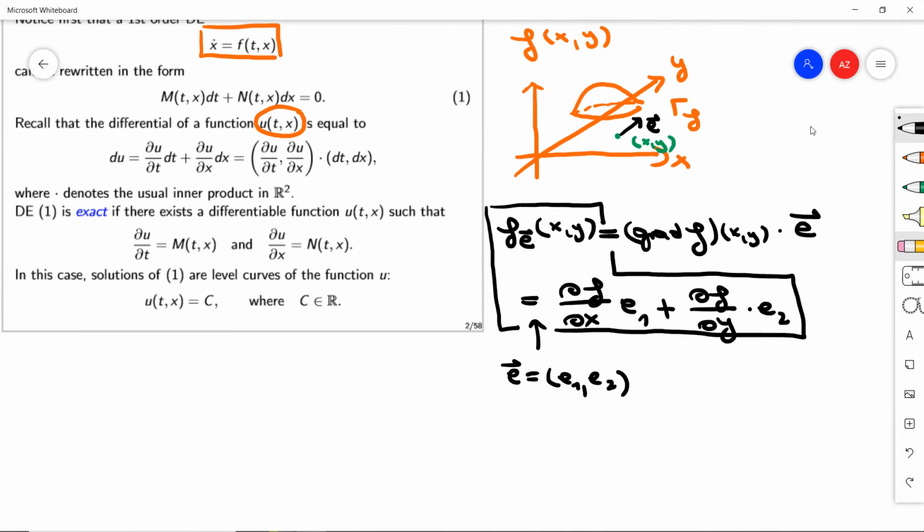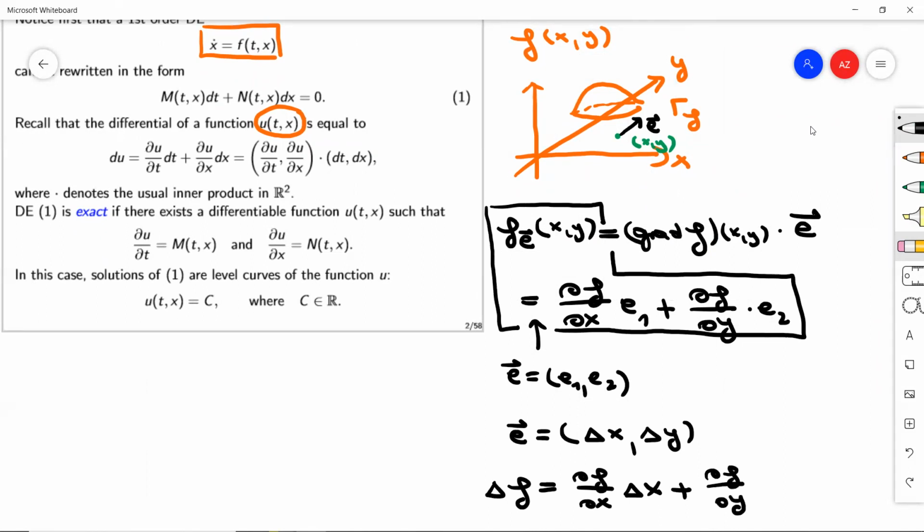And if we take for e, let's say that e1 is some small change in x, and e2 is some small change in y, then we can rewrite the formula above: the function value changes by the partial derivative of f with respect to x times this change in x, plus the partial derivative of f with respect to y times the change in y.